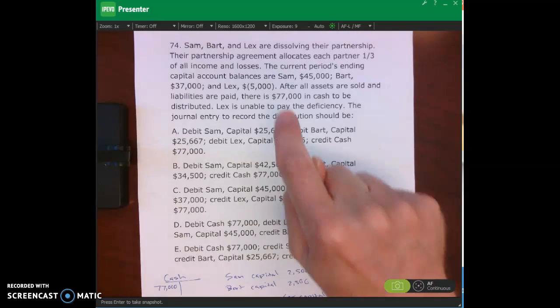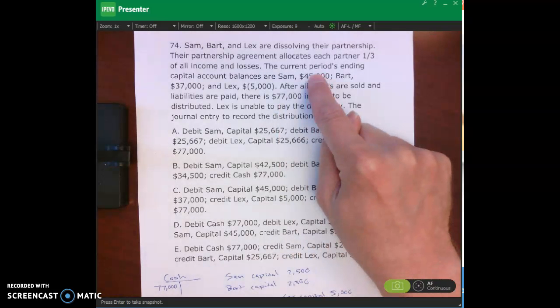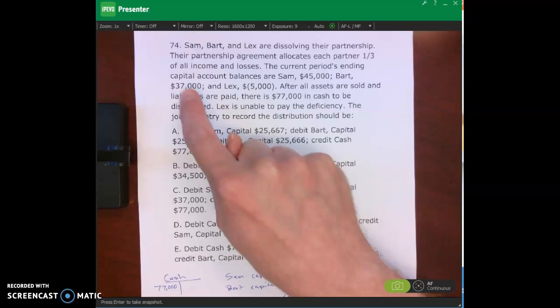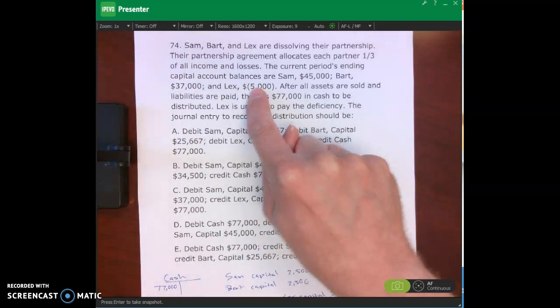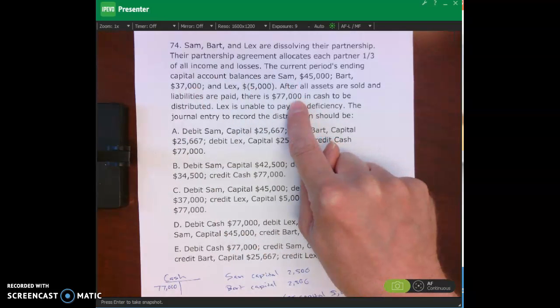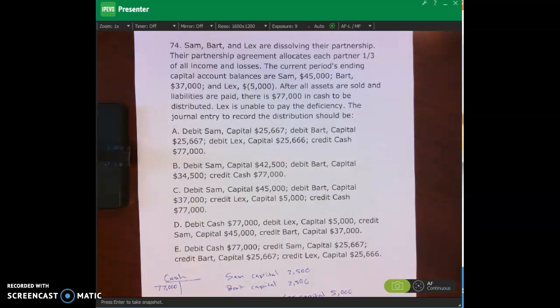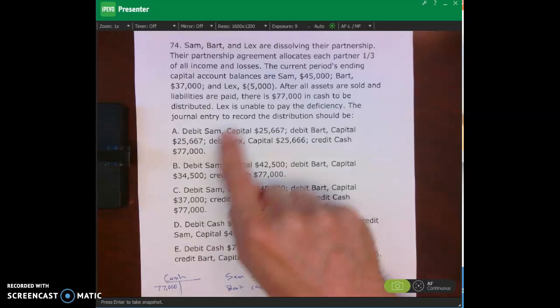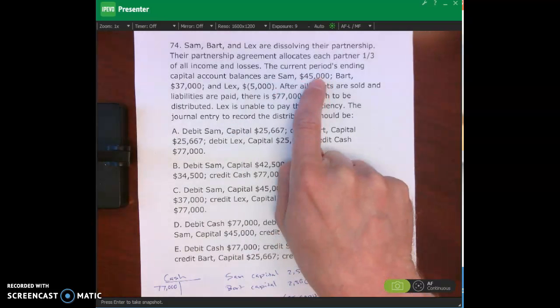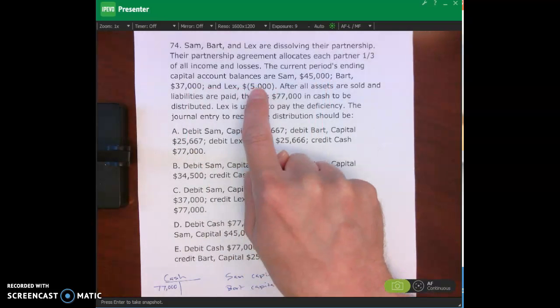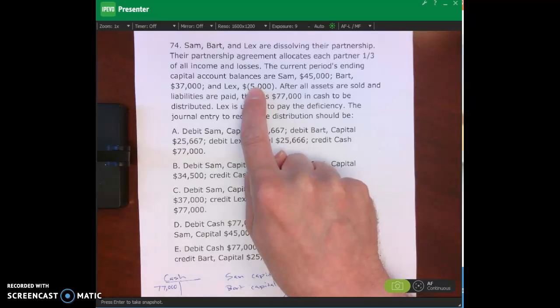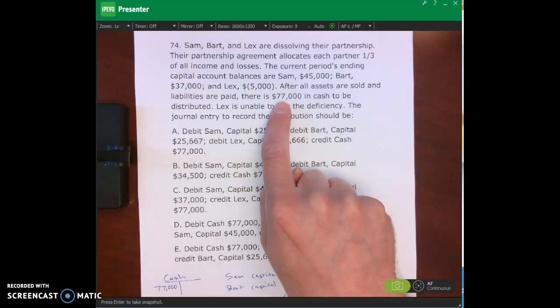And how do we get to the $77,000? Well, you take the 45 plus the 37 minus the 5. That gives us $77,000. That's how much cash, which is equal to the total balance in capital, because this is a debit balance.